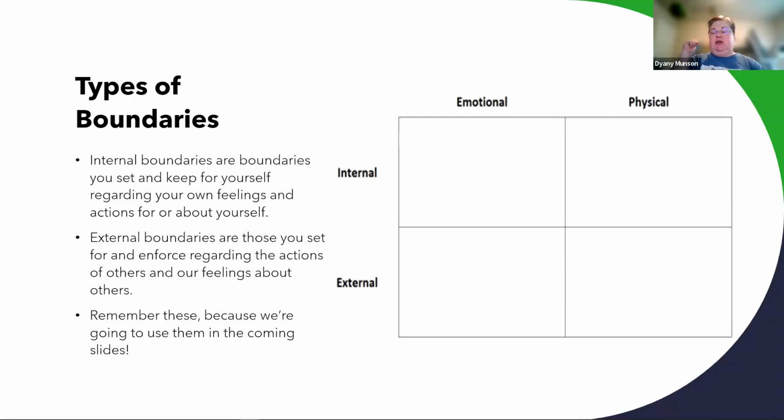Emotional involves our feelings, which we can't always control, but we can make choices that influence those. And then physical are actions that we actually do.